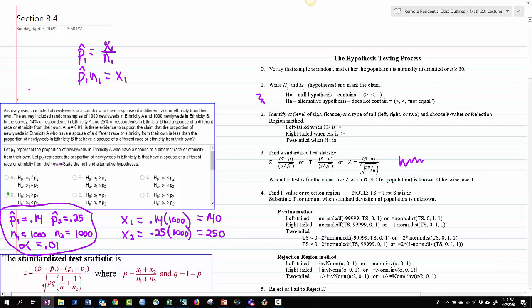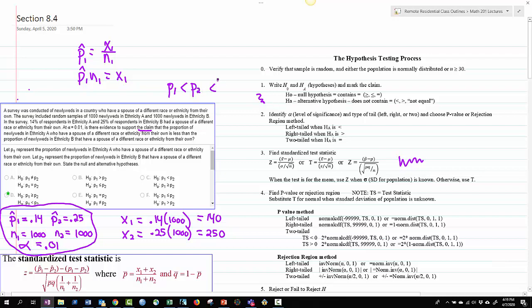All right. Now, let's go back to the claim. Is there evidence to support the claim that the proportion of newlyweds in ethnicity A is less than the proportion in ethnicity B? So the claim is that p1 is less than p2, where A is ethnicity 1 and B is ethnicity 2.